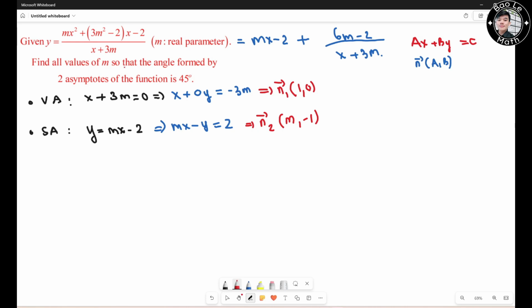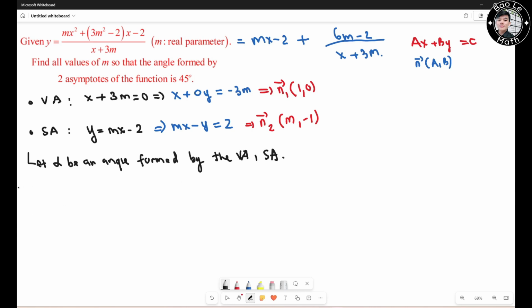Alright, now back to this problem right here. We need to find the value of m so that the angle formed by the two asymptotes, the vertical asymptote and the slant asymptote, of the function is 45 degrees. Okay, let alpha be the angle formed by the vertical asymptote and slant asymptote.